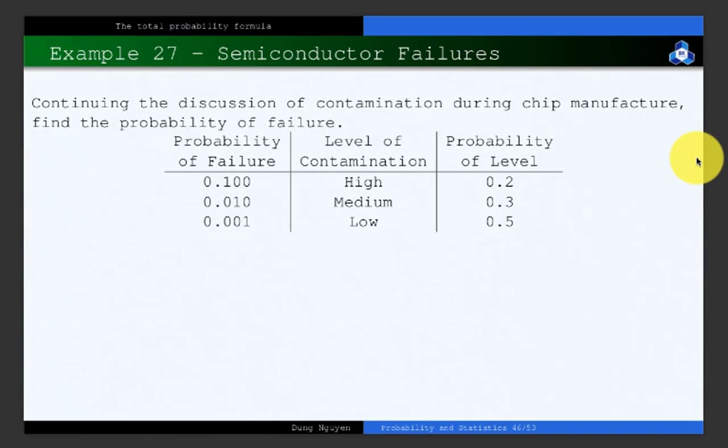We continue the discussion of contamination during chip manufacture, and you want to find the probability of failure. In this example, there are 3 levels of contamination: high, medium, and low. The corresponding probabilities of failure are 0.1, 0.01, 0.001.